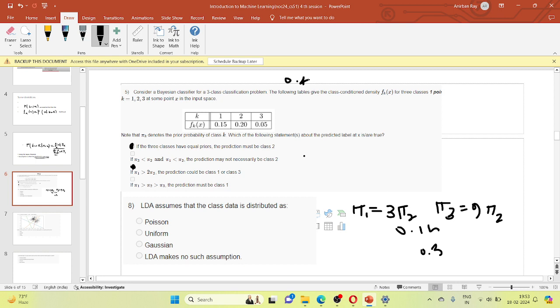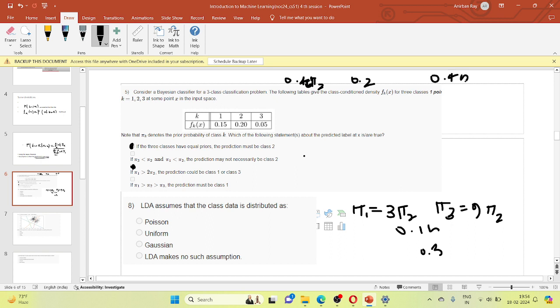Okay, 0.45 pi 2. This is just pi 2. Okay, and then this will become 0.2 pi 2, and this will become 0.45 pi 2. Okay, so this point is understood.